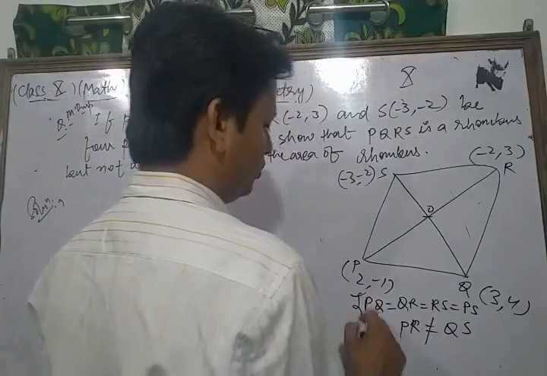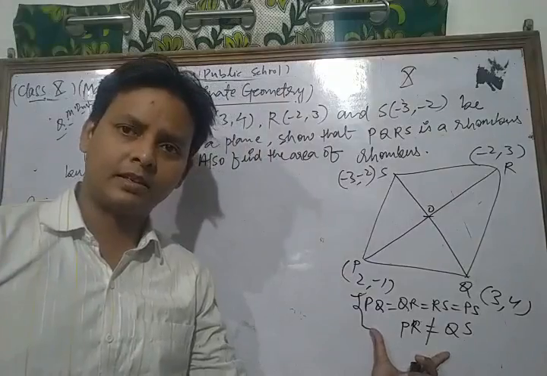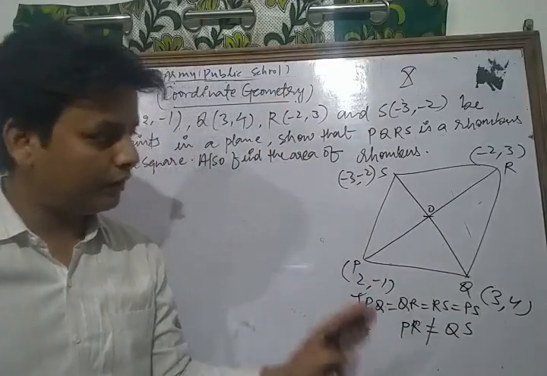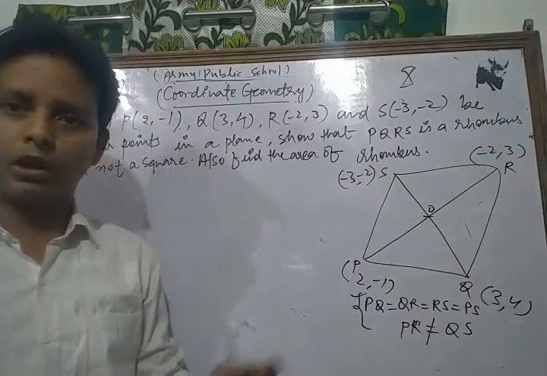If we show this criteria, then we can say that PQRS are the vertices of a rhombus. Now let's see.